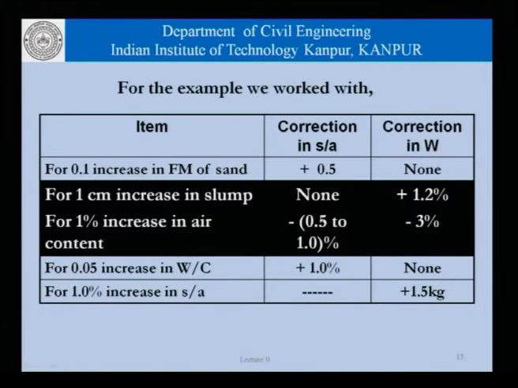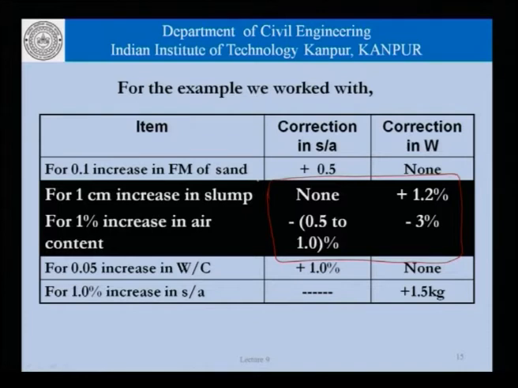What does that mean? The table tells you that we need to reduce the S by A, anything between 0.5 to 1%, and we need to reduce the water content by 3%.